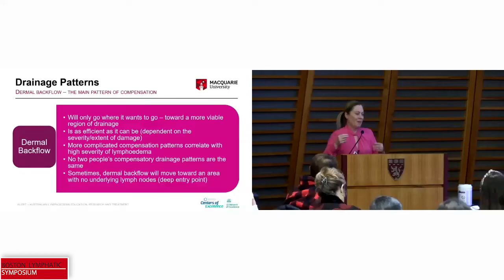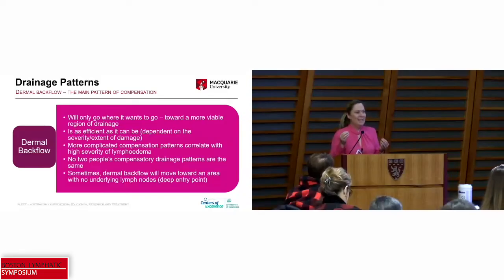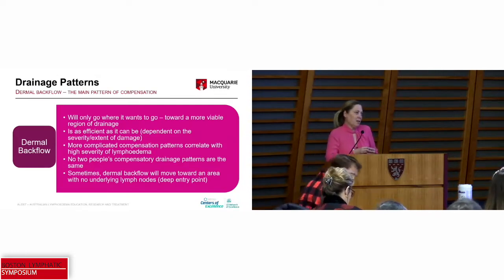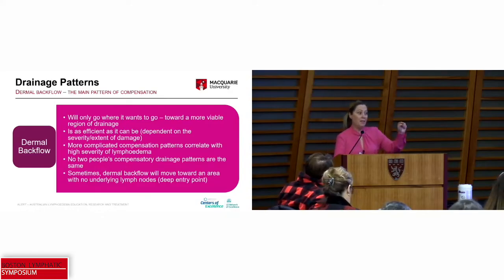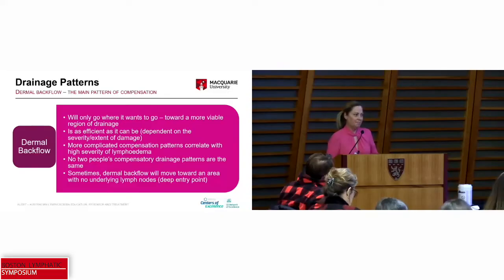Did I explain that reasonably well enough? That's why it's so exciting working in this area, because there's no one size fits all. It's really a relationship, and having that relationship with your patient to work out their management strategies and their self-care regimen, what is going to work for them based on their particular compensatory patterns.